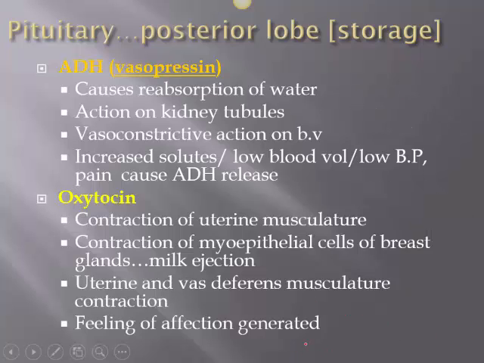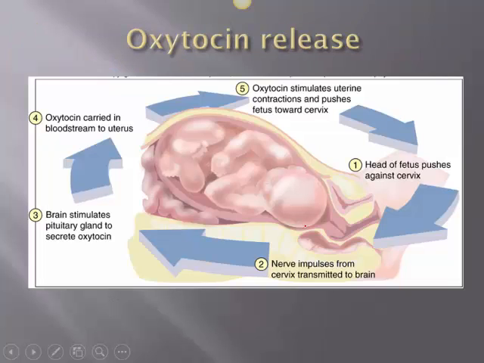Now, you will see that most hormones are under a negative feedback control. Even ADH is under negative feedback. Once it does its job, it gets turned off. Oxytocin is one of those hormones which is under what is called a positive feedback mechanism. Let's take one example, labor. The fetal head pushes against the cervix, and the cervix dilates.